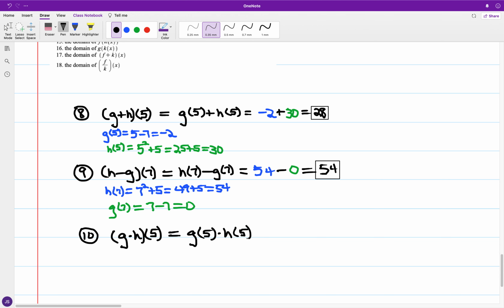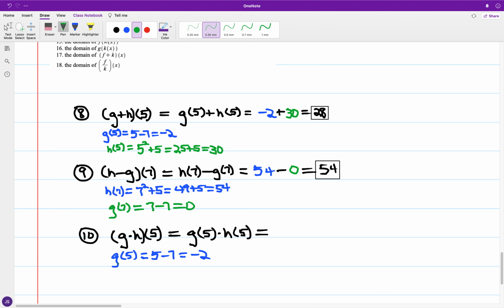For g of 5 times h of 5, you have g of 5 equal to 5 minus 7, so you have negative 2.